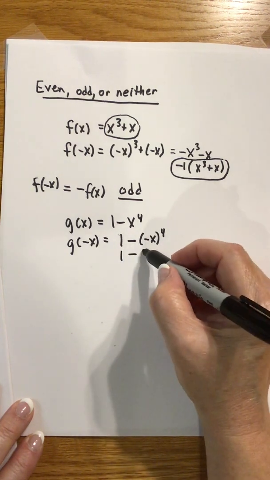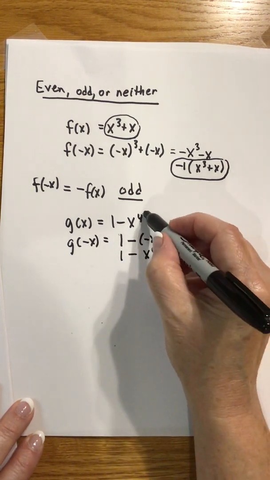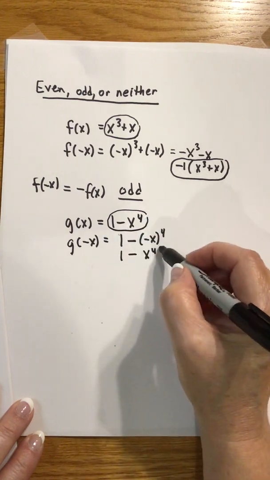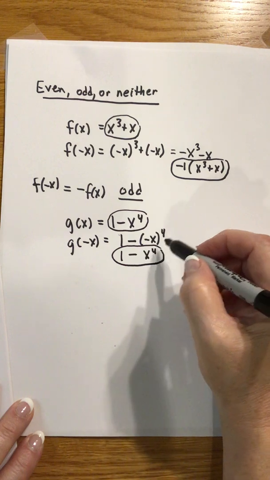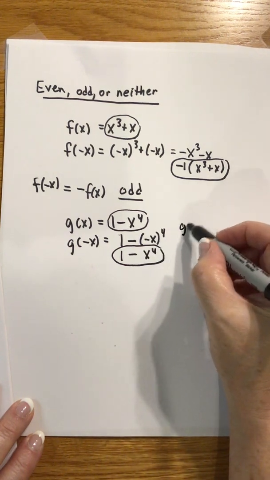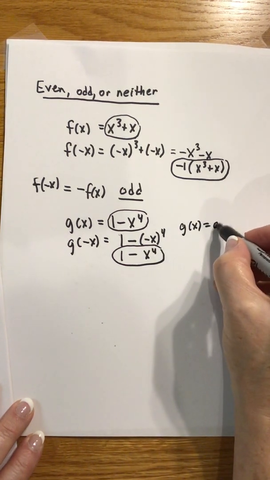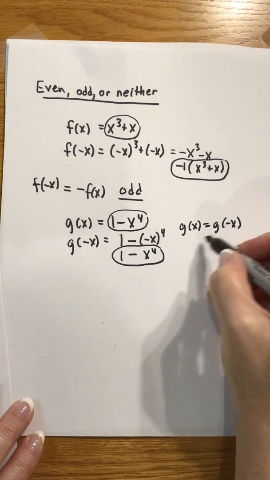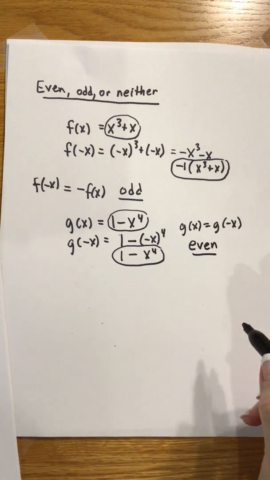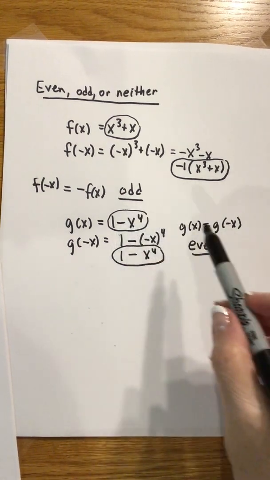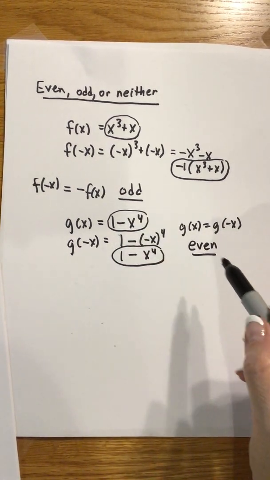So 1 minus x to the fourth. So are they opposites of each other this time, or are they the same? 1 minus x to the fourth, 1 minus x to the fourth. So g of negative x is equal to g of x, which would make it even then, right? If they're opposites, it's odd. If they're equal to each other, it's even.